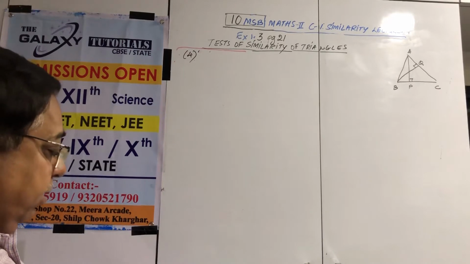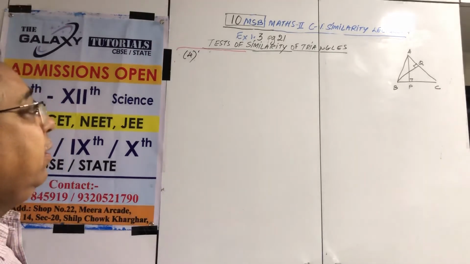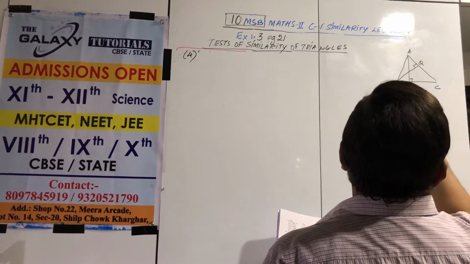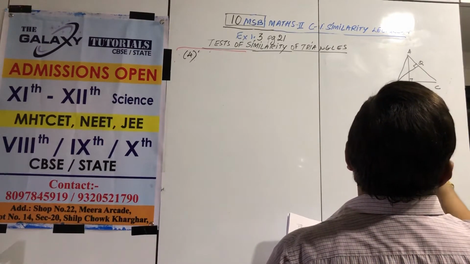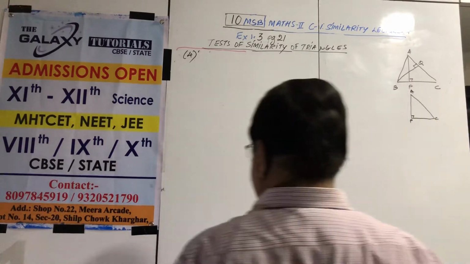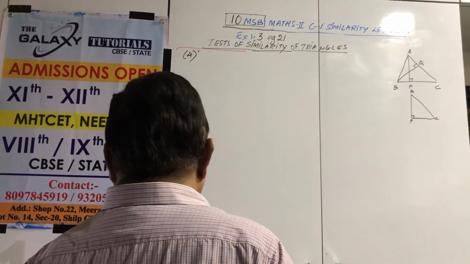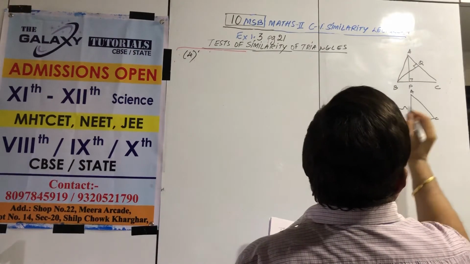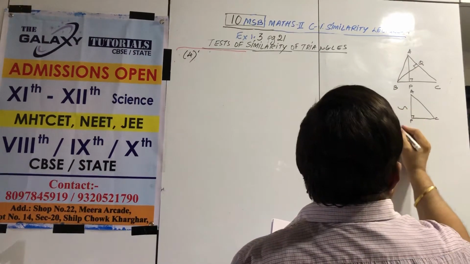Then prove that triangle CPA is similar to triangle CQB.